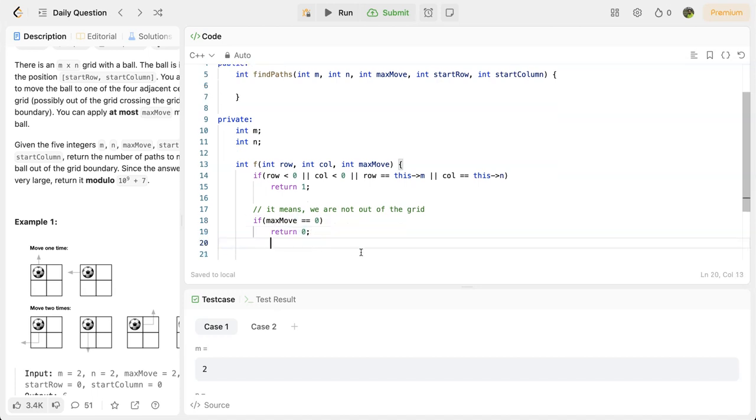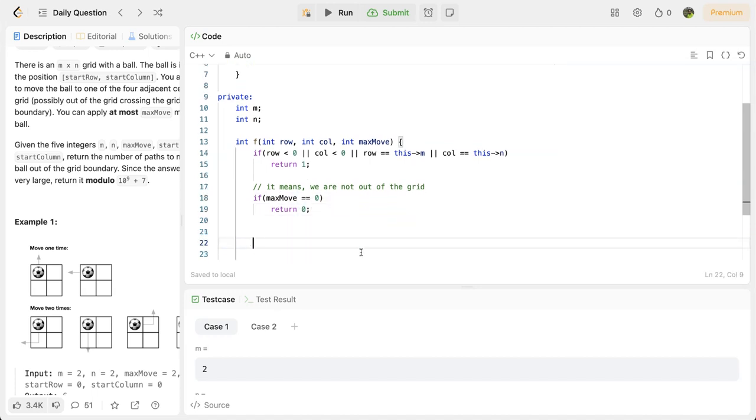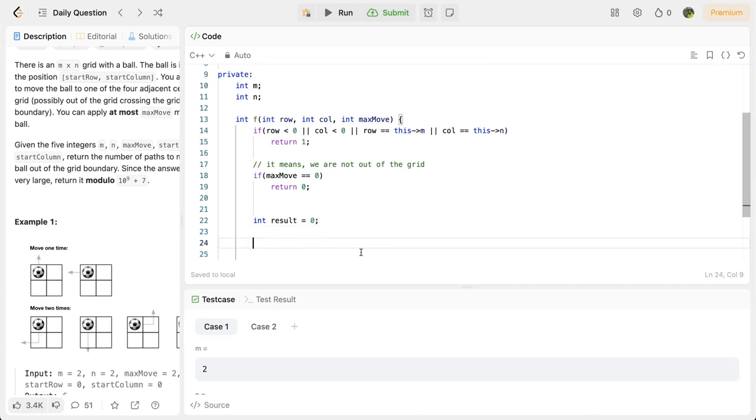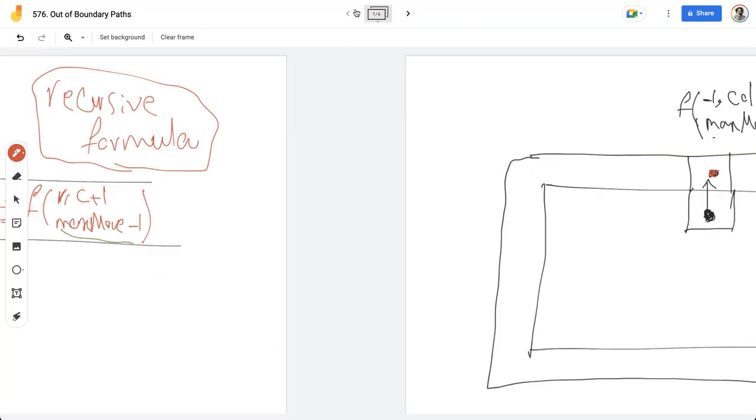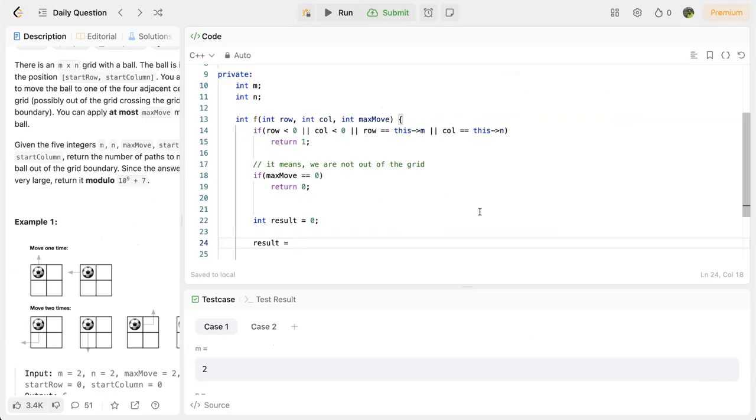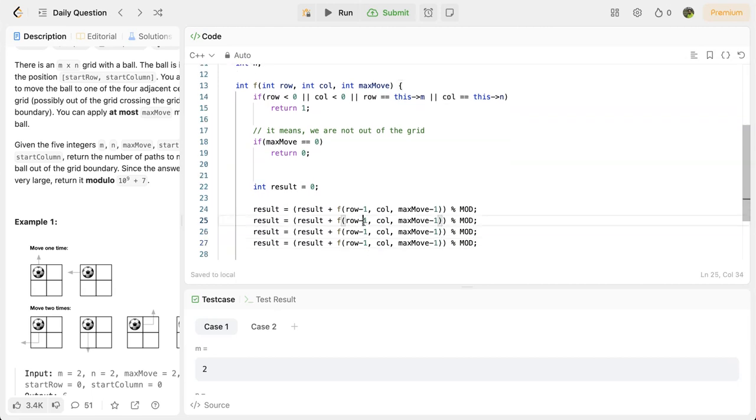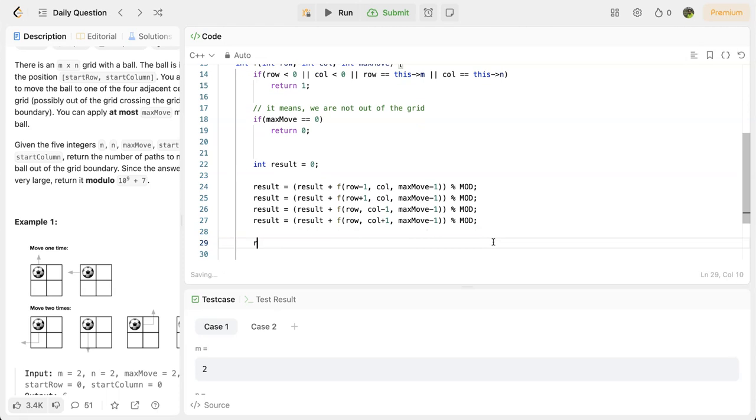Otherwise, we define int result to be 0, and result is going to be the sum of these 4 numbers. So f of row -1, col, max move -1, and result plus that, and mod. And we do this 4 times: row +1 and max move, row and col -1, and col +1. That's it. And then we return result.